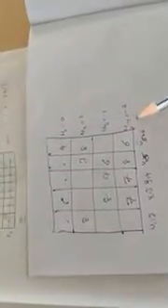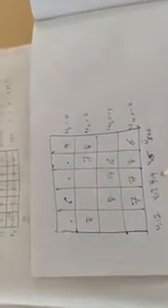Already we have calculated u1, u2, u3, u4, v1 is 7, v2 is 3, v3 is 4, v4 is 5, v5 is 6.